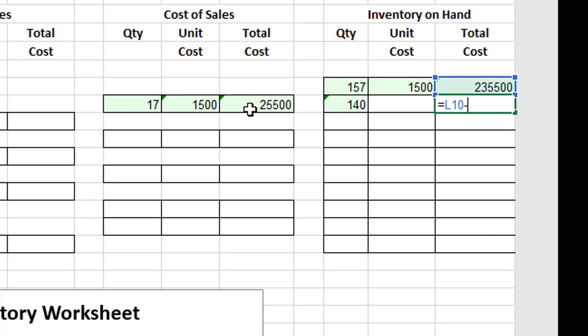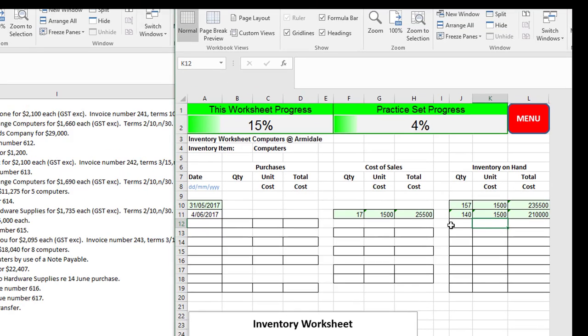We sold 25,500, so our closing balance will be 210,000. We know the average cost won't change, but we'll calculate it anyway: 210,000 divided by 140 equals $1,500 is the unit cost.